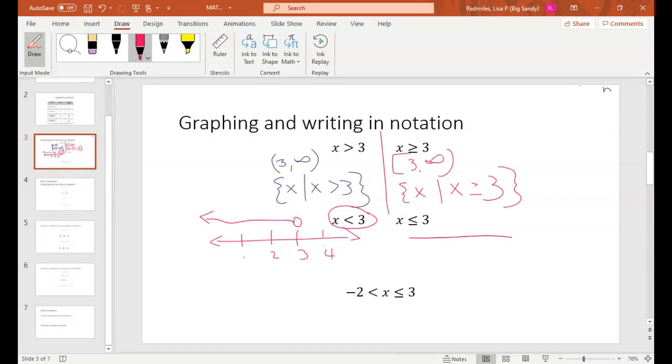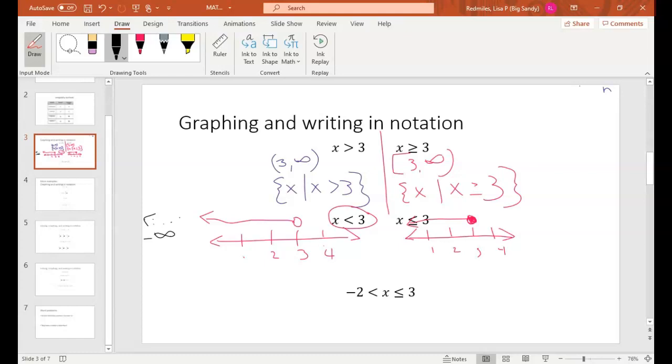And on the other side, same thing, only because it's less than or equal to, our circle is closed or colored in. So notice this arrow, it keeps going and going and going to the left. That's going to eventually go to negative infinity, not to positive infinity. As it goes 0, -1, -2, and so on and so forth, all the way to negative infinity. So where it stops is 3.